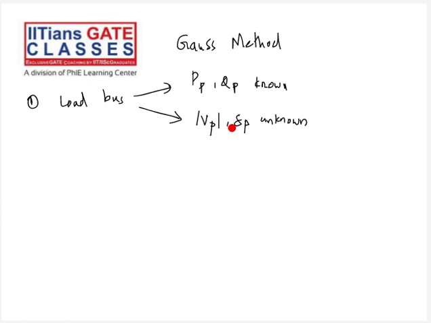So let's look at the current at bus P. What is the current at bus P? IP is given as sigma Q equal to 1 to N, Y PQ VQ, right?